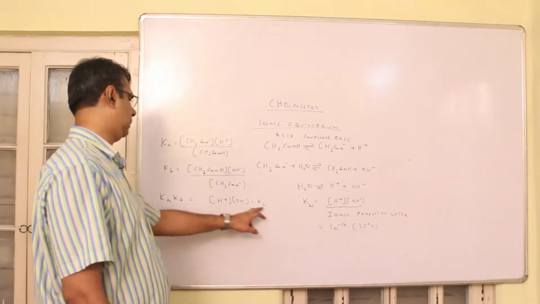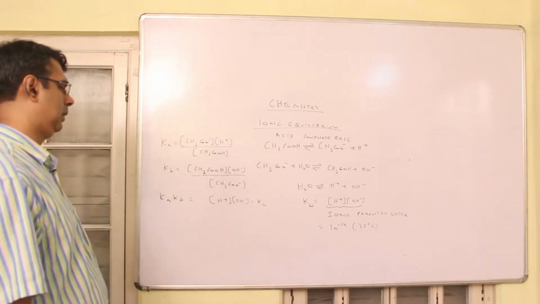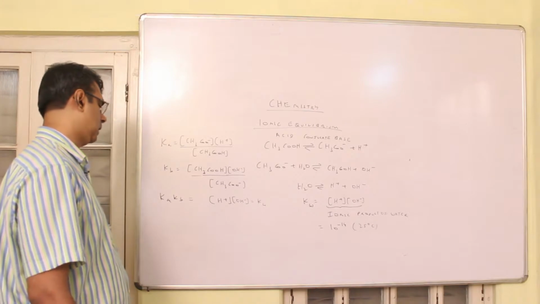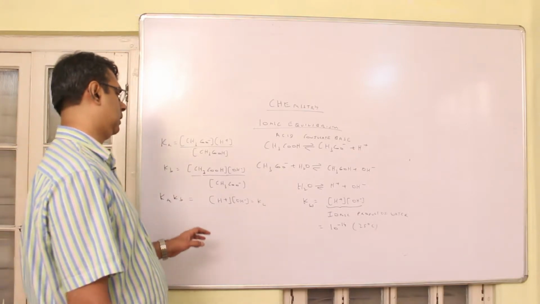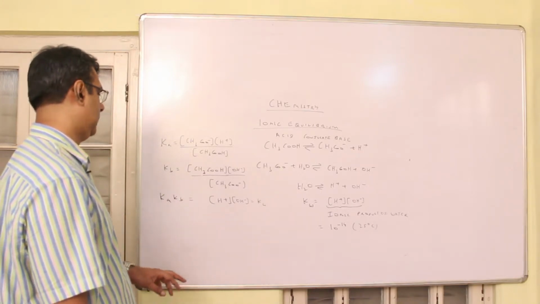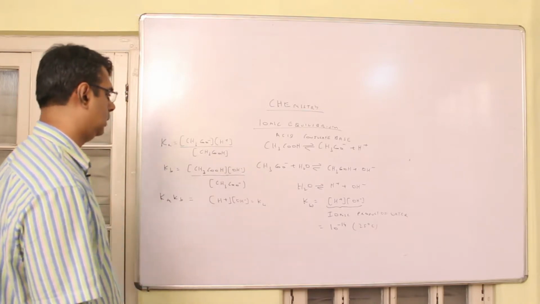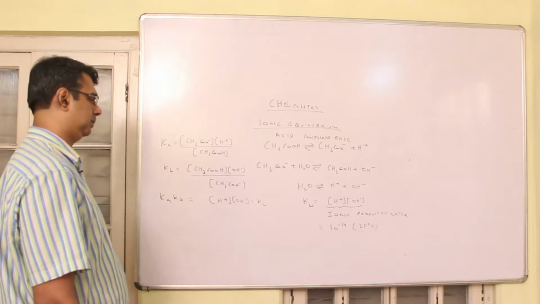So Ka into Kb is equal to the ionic product of water, right? So this is a very important result, that whenever we consider a conjugate acid-base pair, the product of Ka into Kb is equal to the ionic product of water.